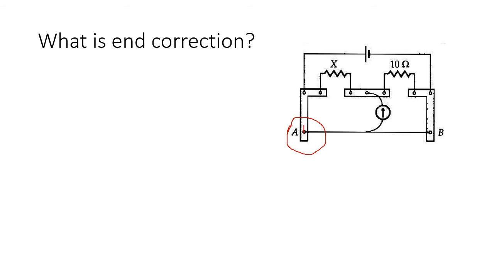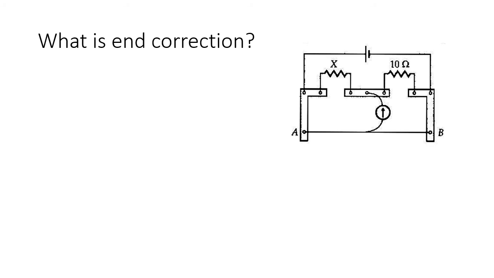At this knob the wire is wound. Similarly at end B there is one more knob and the wire is wound at this end B also. And unfortunately, when we are calculating the balance point, we tend to neglect this particular wire that has been wound at the knob, and that length is the end correction, my dear friends.